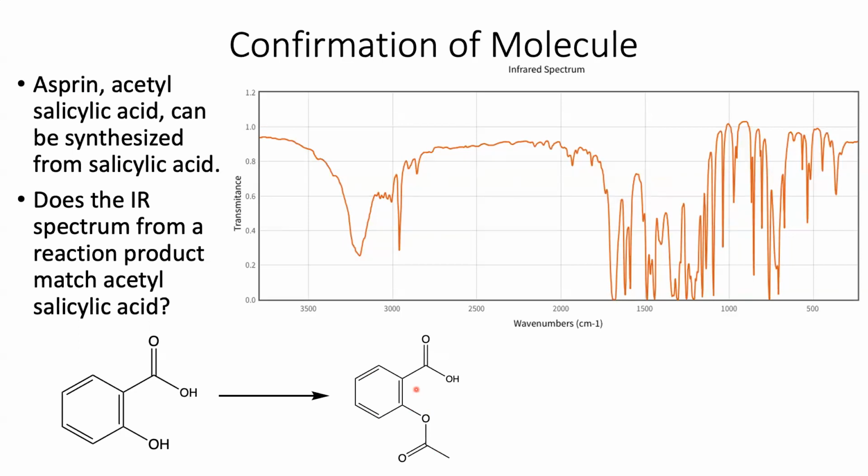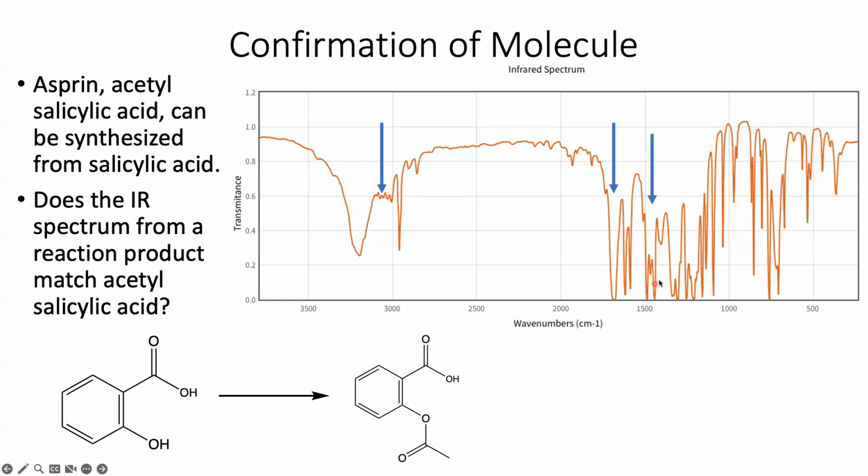All right, so let's keep an eye on the big features of this molecule. Indeed, I do have a carbonyl around 1750. I do indeed have a decent aromatic region, as can be seen with the hydrogen peaks above 3,000, as well as some action in that 1400-1500 region.